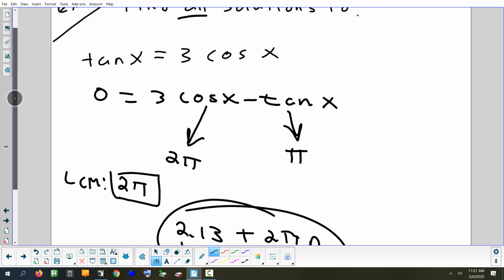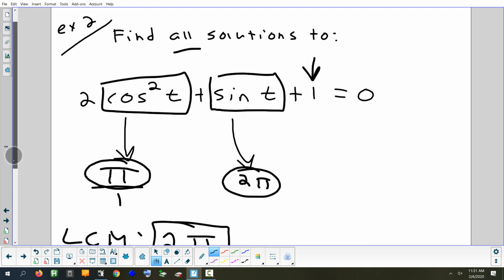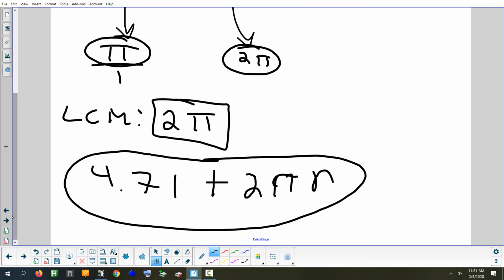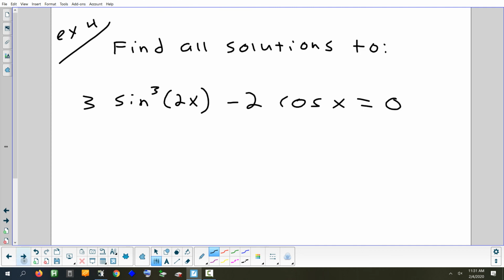Okay, and that's it. Questions on it? Okay, so one of them we did had 1 solution per cycle. This one had 2 solutions per cycle. I mean, you can have all kinds of things happen. Let's look at this one.